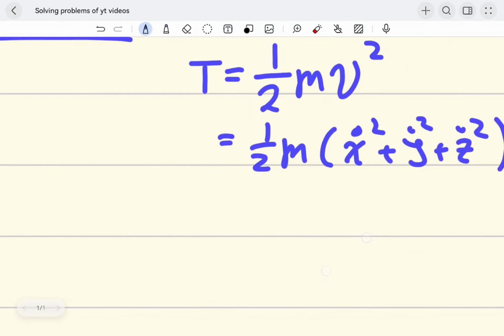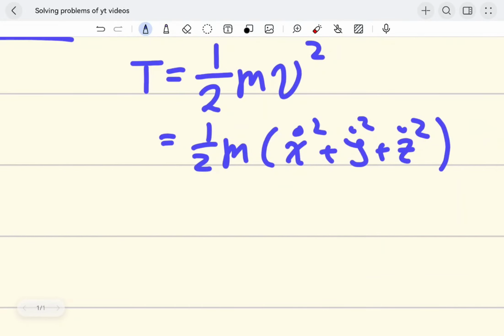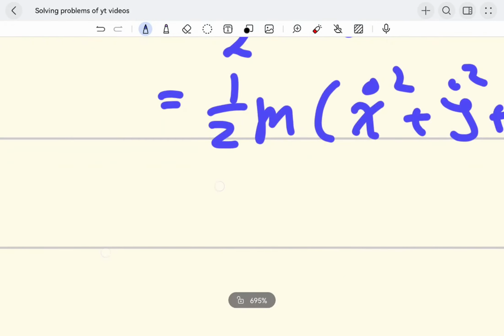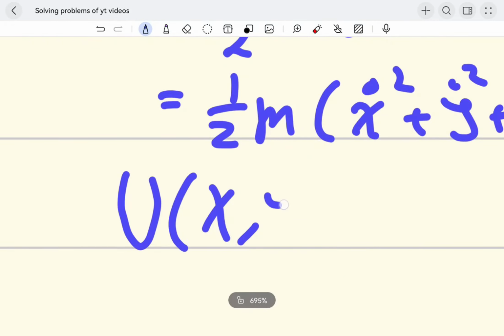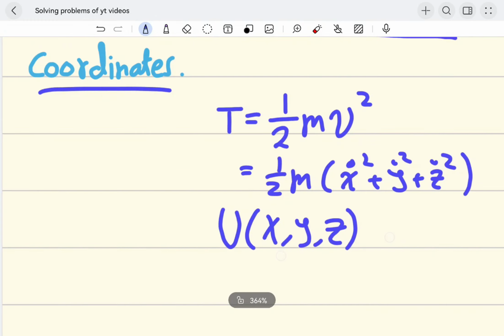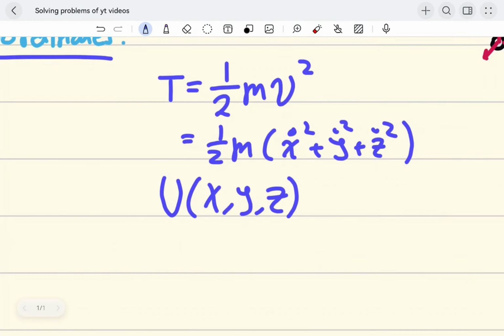And we want to express the potential energy also in Cartesian coordinates, but we can just write it as U of x, y, and z in a general notation, because we are just saying it's a free particle. We don't know what potential energy is affecting it.